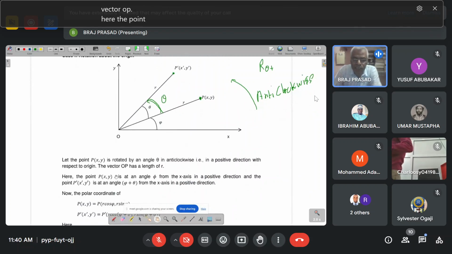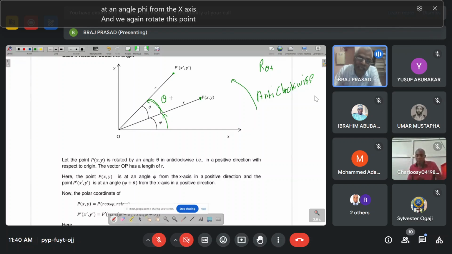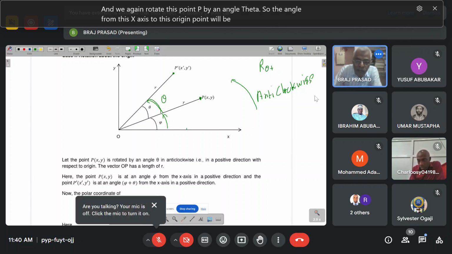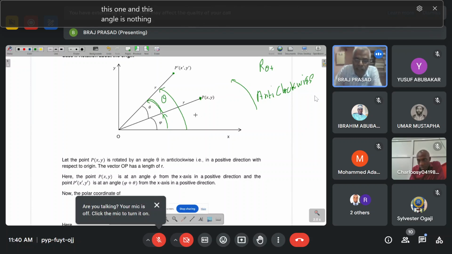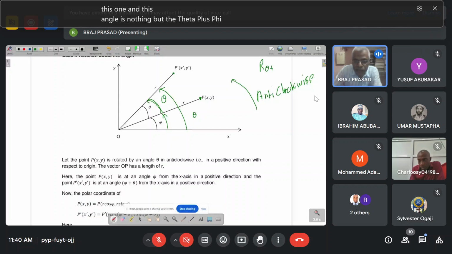Here the point P xy is originally at an angle phi from the x-axis, and we rotate this point P by an angle theta. So the angle from the x-axis to the new location will be theta plus phi.